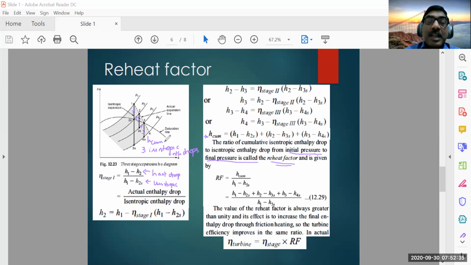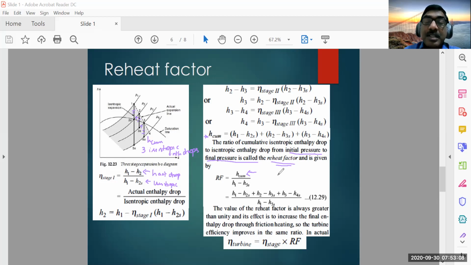So the reheat factor is equal to the ratio of the cumulative enthalpy drop to the isentropic enthalpy drop from initial pressure to final pressure. So this is H cumulative, that means the sum of all three individual enthalpy drops, divided by the enthalpy drop from expanding steam from boiler pressure to final pressure in a single stage.